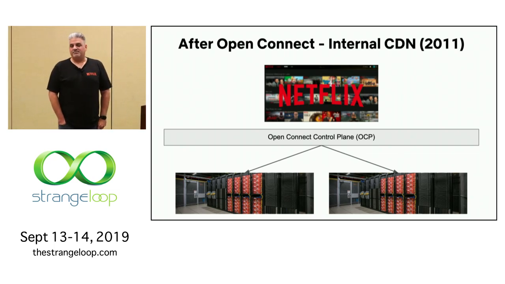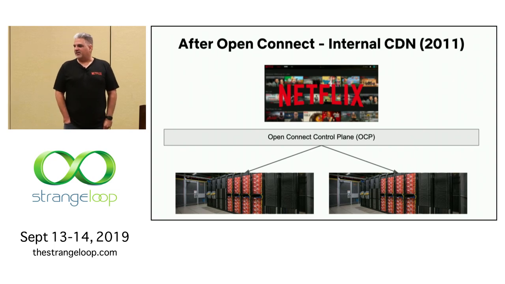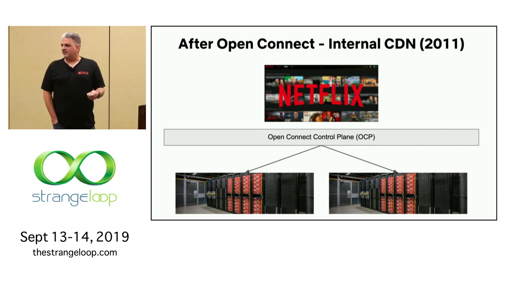A very enterprising individual within the company had some conversations with Reed and some of the product leadership and basically said, look, we have a lot of experience working with these CDN providers. We know how this works. We believe we could provide a similar solution that's custom built for Netflix that would be more efficient and better for the business if we were to build this as opposed to buy it.